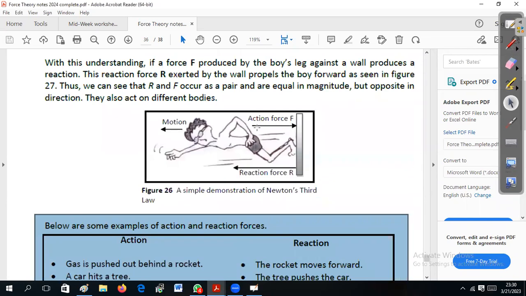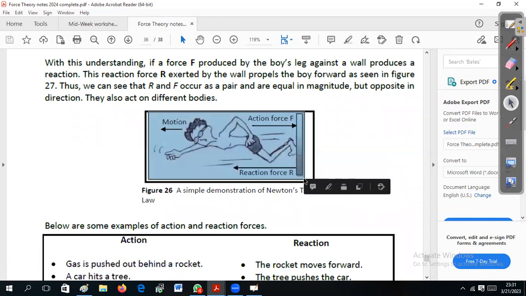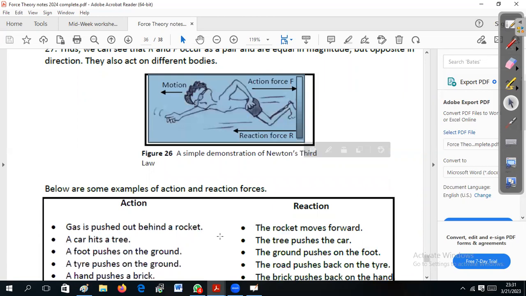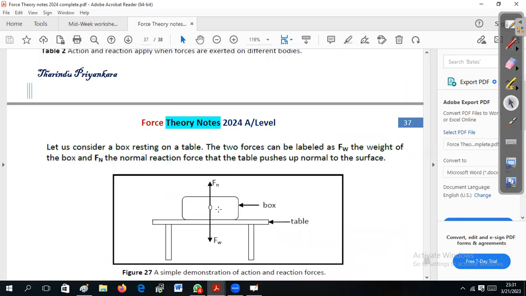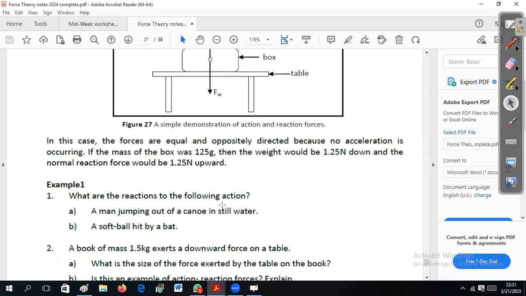The action force he puts on the starting block, and the reaction force from the starting block makes the motion with an acceleration on him. That's a Newton's third law pair. Good example.